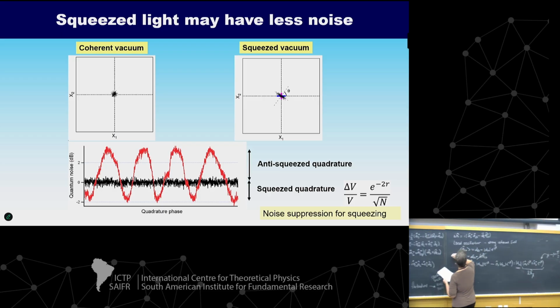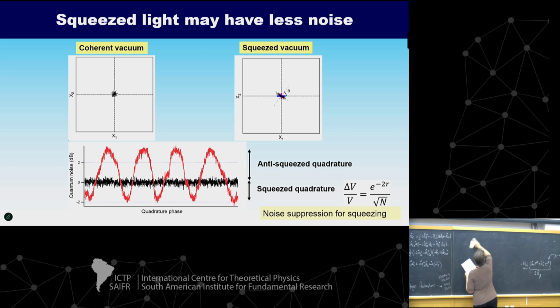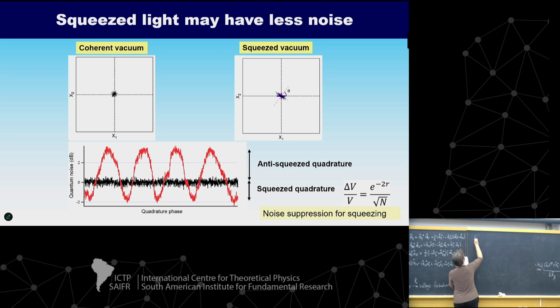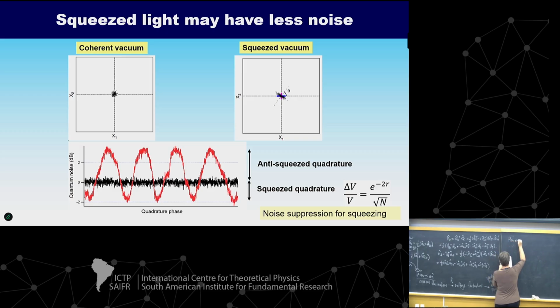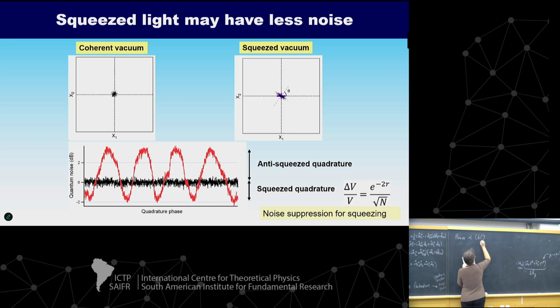And the power, of course, is proportional to the square of the average photocurrent. And that, of course, is proportional to the square of the average variation of the photon number we calculated.